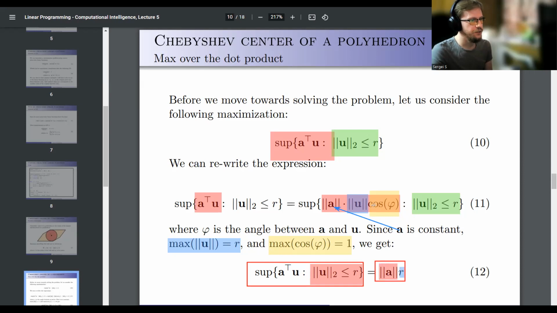And cosine phi is 1, so it just disappears. And that's it. The maximum of the dot product on a sphere of radius r would be the norm of the vector a, times r. Does this make sense?